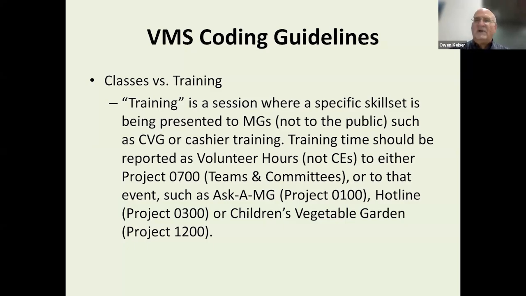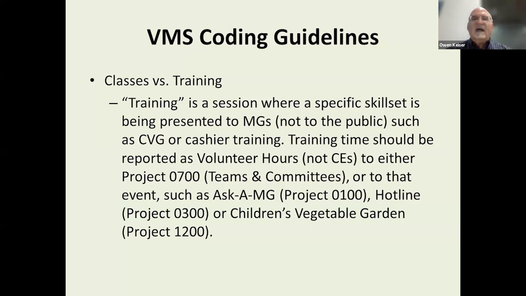Most of the classes are gardening related. For training time, you do get credit, but it says volunteer hours and not CEs. So where do I log it? Many times, project 0700, teams and committees, is a good general category.